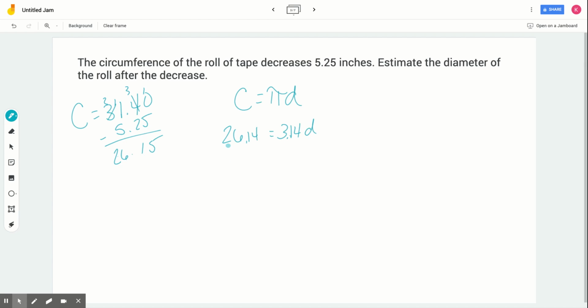So if we're going to estimate, we might look at our numbers and think, well, 3.14 is close to 3, and 26 is close to 27, and we know that 27 divides by 3 nicely to get 9. So our diameter is going to be approximately 9 inches. And when we're estimating or using the word approximately, we're going to use this sign. It just shows that it's close to, or it's an estimate, but it's not exactly equal to.